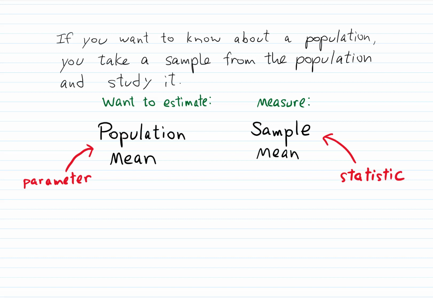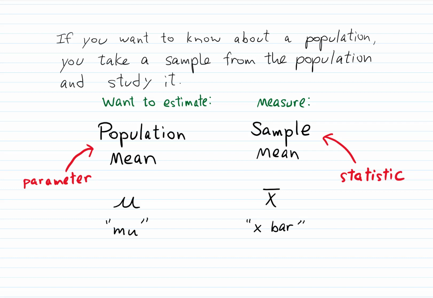Okay, now here are the symbols that I want you to know. For population mean, we use the Greek letter mu. And for sample mean, we use an X with a line over it, and that's called X bar. Suppose you have a population with capital N individuals in it.